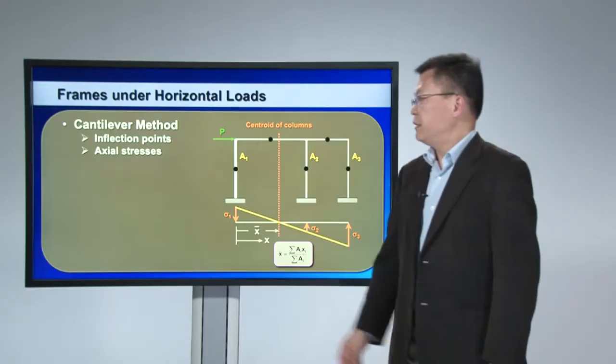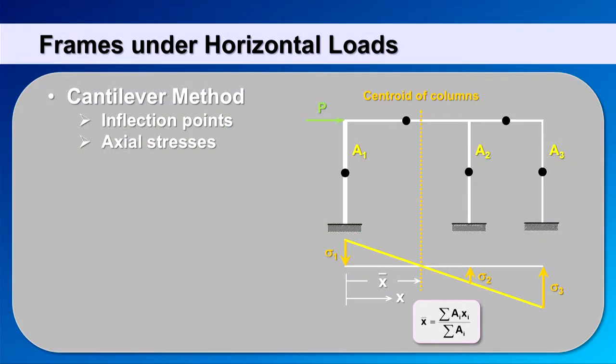Next is another method that people usually use for analyzing frames under horizontal loads. That is the cantilever method. The cantilever method also adopts the same inflection point assumptions as the portal method.